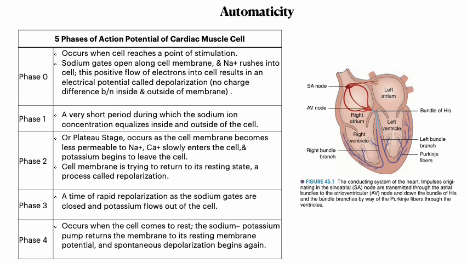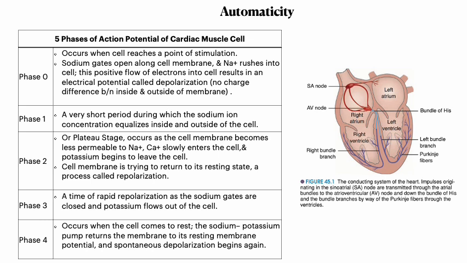So each area of the heart has a slightly different appearing action potential that reflects the complexity of the cells in that area. Because of these differences in the action potential, each area of the heart has a slightly different rate of rhythmicity.